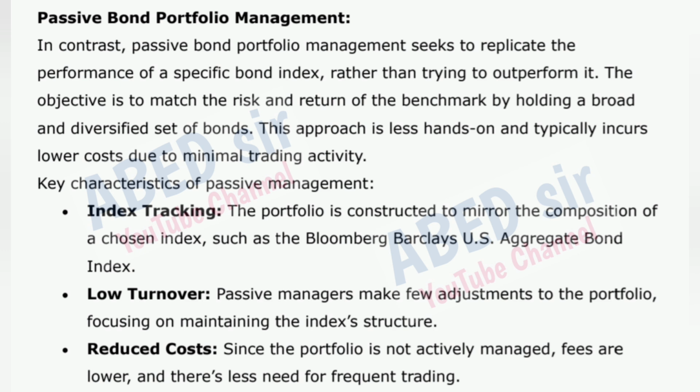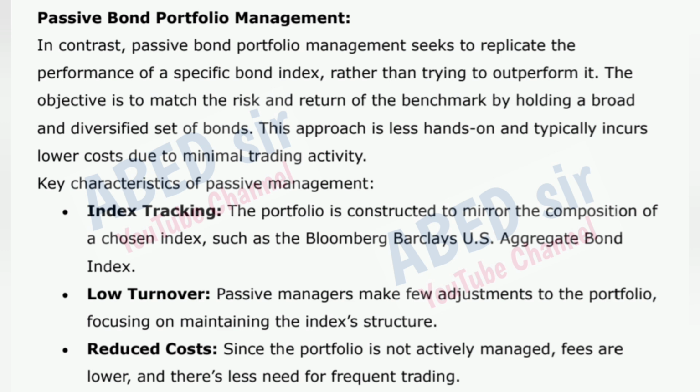Key characteristics of passive management. Index tracking. The portfolio is constructed to mirror the composition of a chosen index, such as the Bloomberg Barclays US Aggregate Bond Index. Low turnover. Passive managers make few adjustments to the portfolio, focusing on maintaining the index's structure.